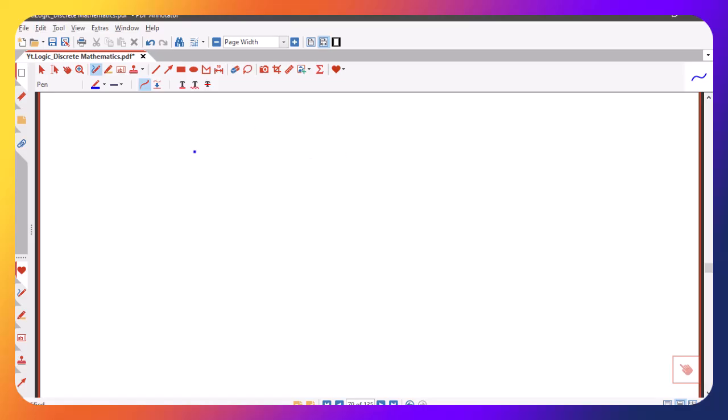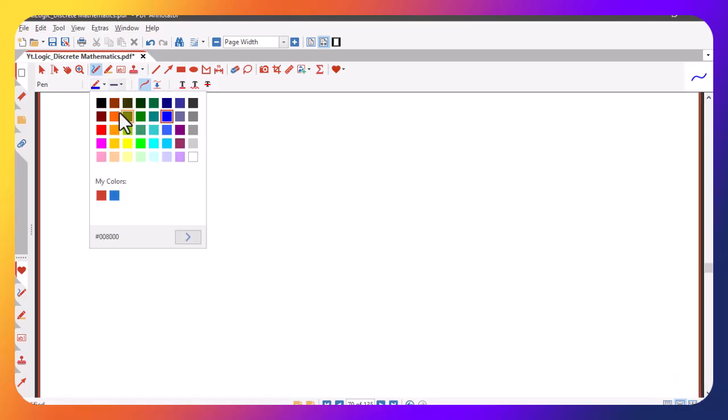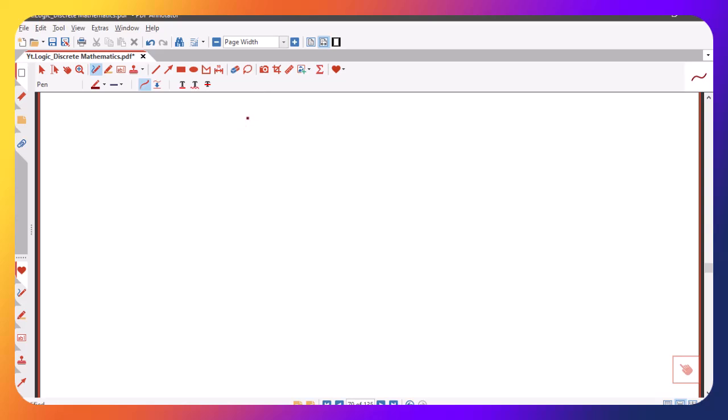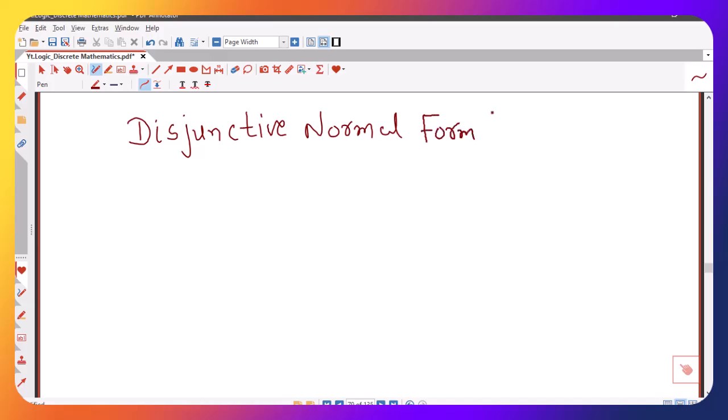Using these two definitions, elementary products, that is elementary conjunctions, and elementary sums, that is elementary disjunctions, we can define two normal forms. The first one is disjunctive normal form, which we will shortly call DNF.